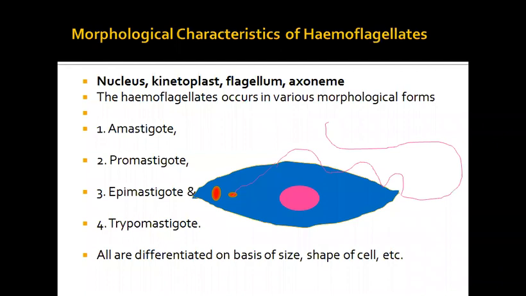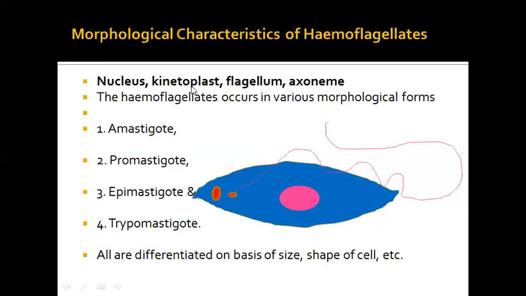Coming to the morphological characteristics of hemoflagellates, the Trypanosoma consist of nucleus, kinetoplast, flagellum and axoneme. The nucleus is round or oval and is situated in the central part of the body. Here, it has a kinetoplast.